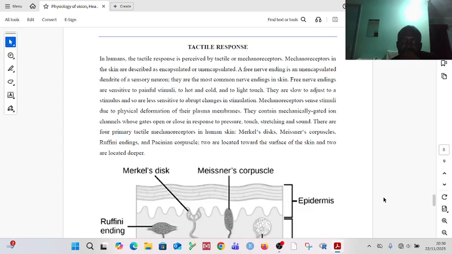Okay? So some of these unencapsulated nerve endings are sensitive to painful stimuli, like something stinging or biting you, to changes in temperature, whether too hot or too cold, and to touch, even if it is very light.